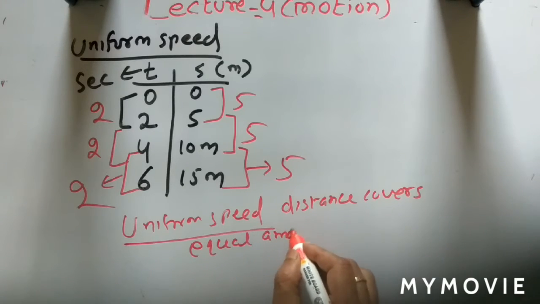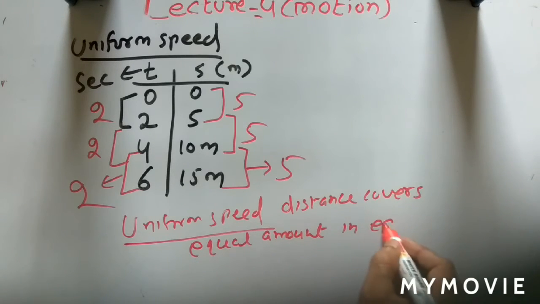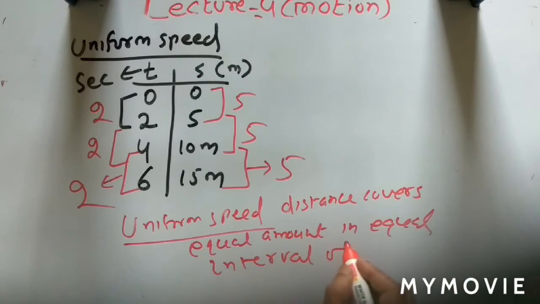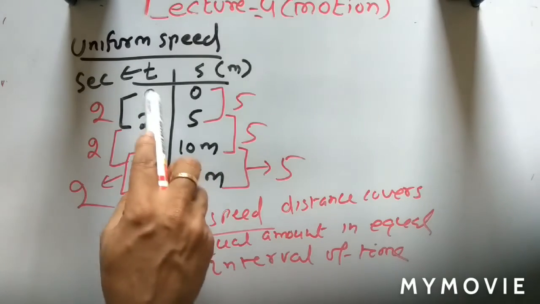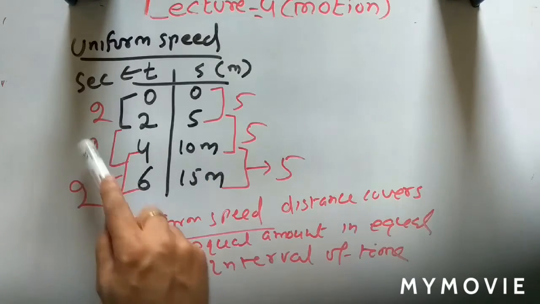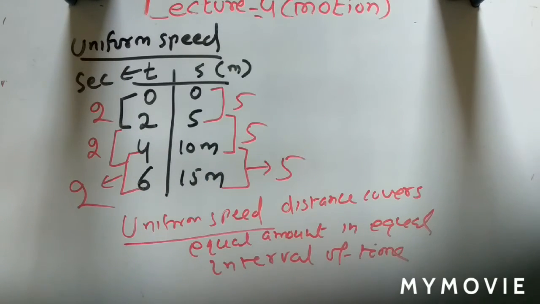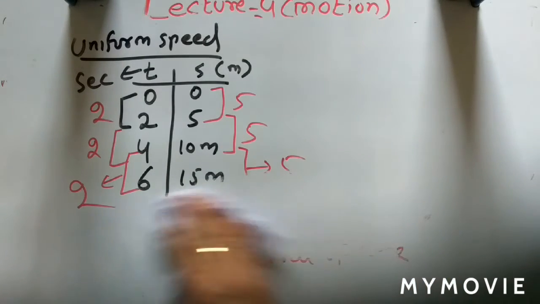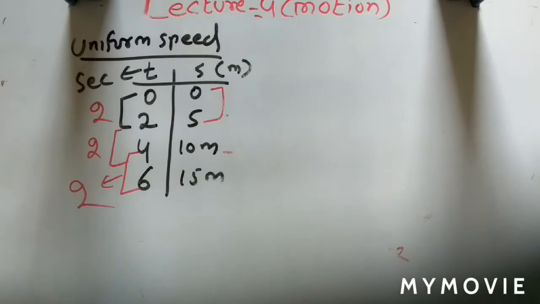Uniform speed is that speed where a body covers equal distance in equal intervals of time. I took an example, so within every 2 seconds, the distance covered is always 5 meters.